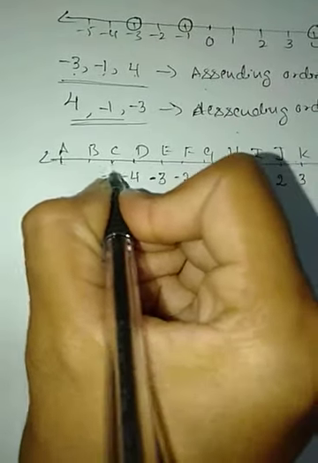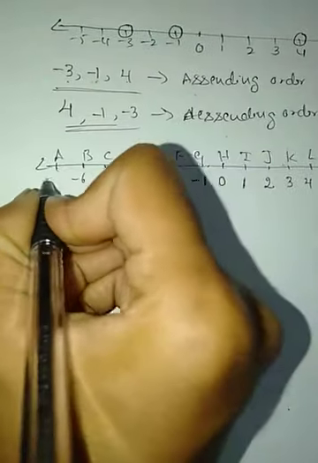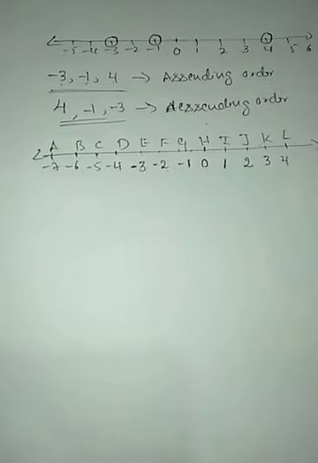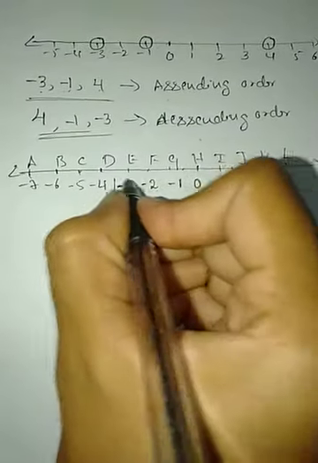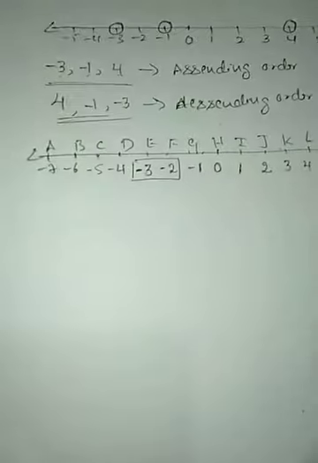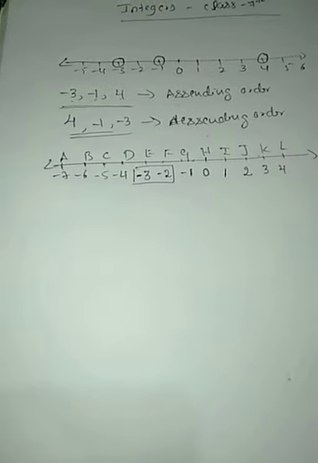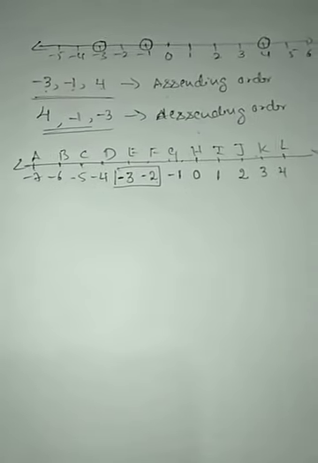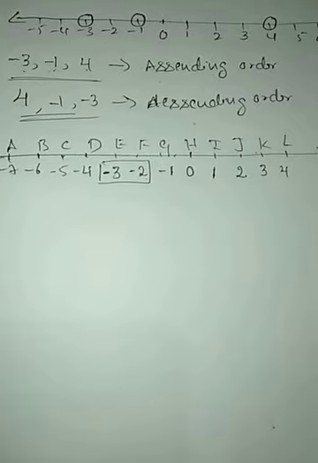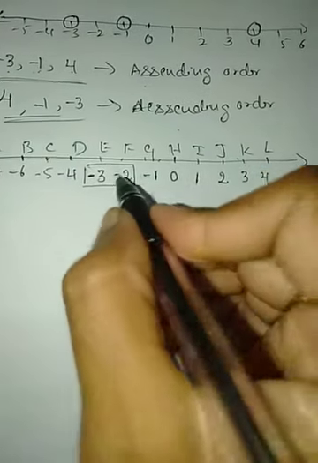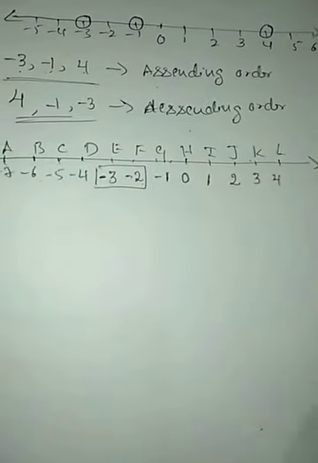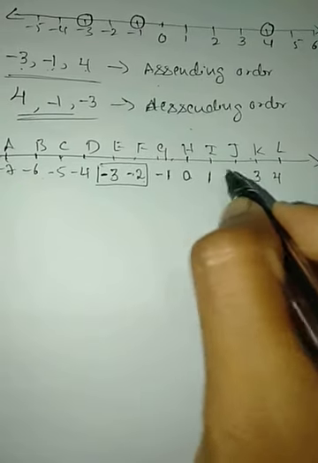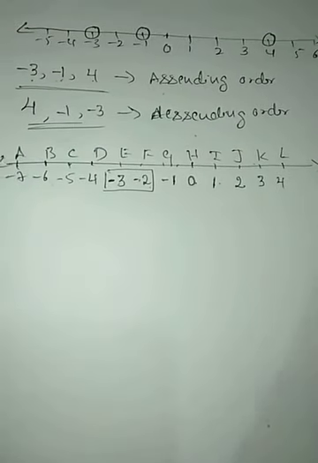This number is -5. This is -6, -7. So here I give only two integers and you have to find out the other integers.